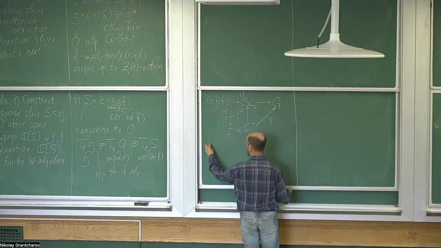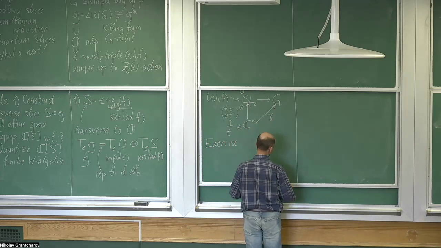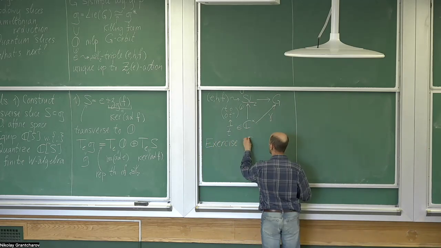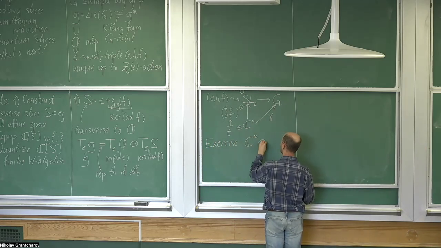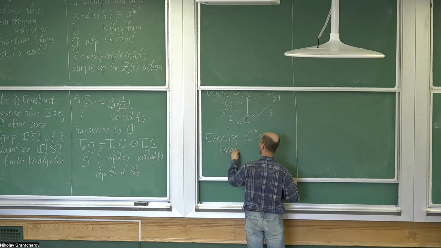Now let me give you an exercise. Let's consider the following action of C cross on g, which we will call the modified action.